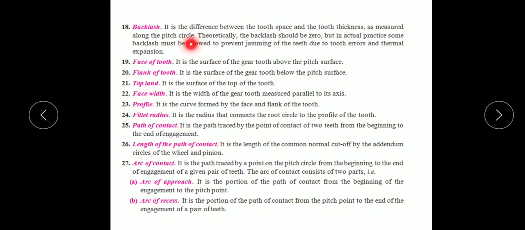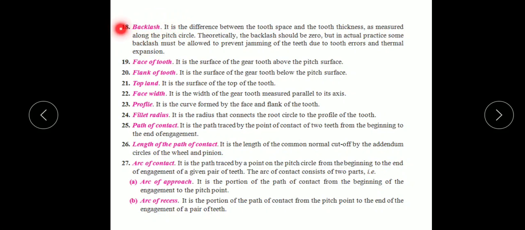Since the gear material has a thermal coefficient, the gear may expand or shrink when it is in continuous motion or under thermal conditions. So backlash is an important thing.